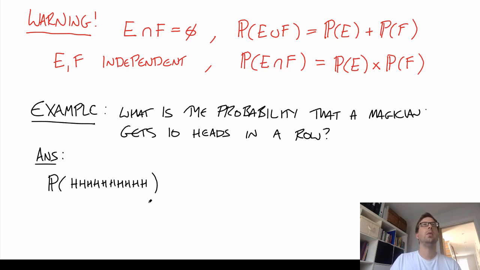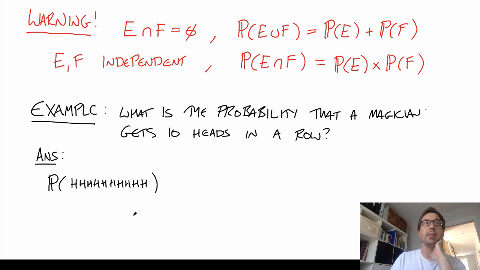Well, in principle, the first head that I get doesn't affect the second head, and the second head doesn't affect the third head, and so forth. So essentially the outcomes of the first coin and the second coin are independent, the outcomes of the first coin and the third coin are independent.